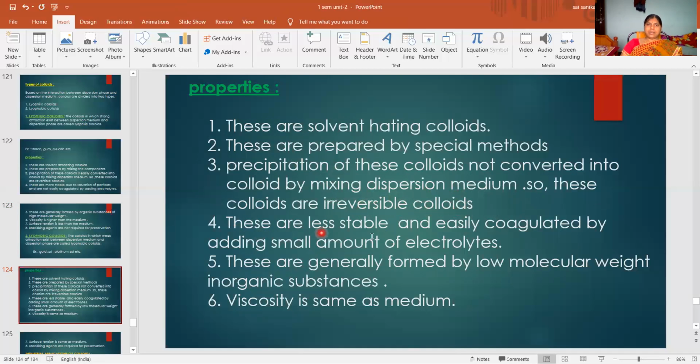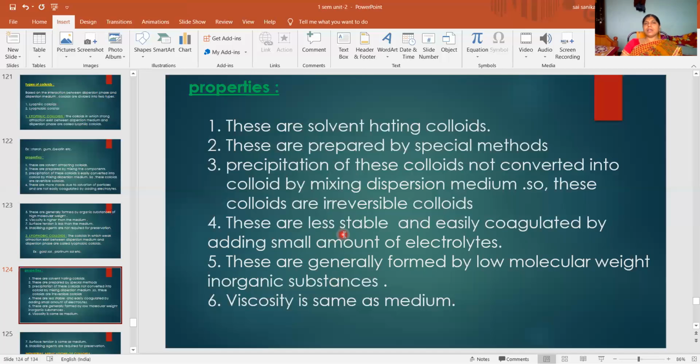Next, these are less stable. They are more stable. And here they are easily coagulated by adding small amounts of electrolytes. Just by adding small amounts of electrolytes, they undergo coagulation. So that's why they are less stable. These are generally formed by low molecular weight inorganic substances.